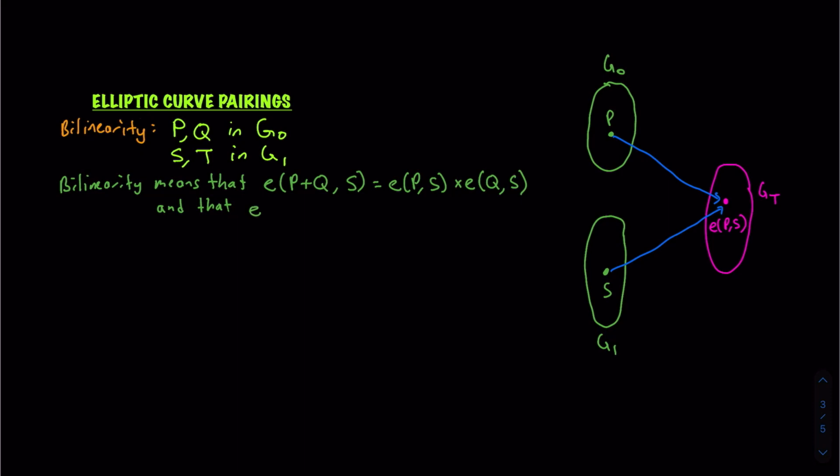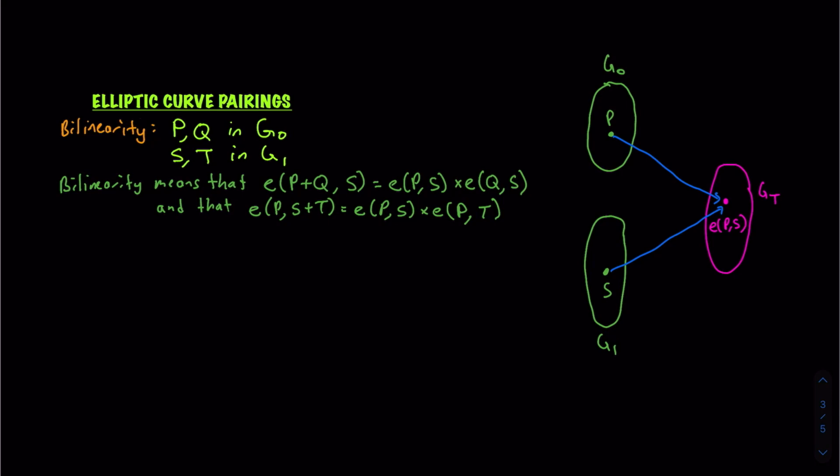So E of P comma S plus T equals E of P and S times E of P and T.